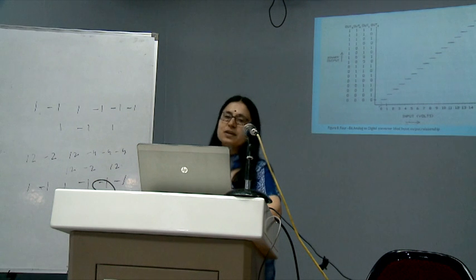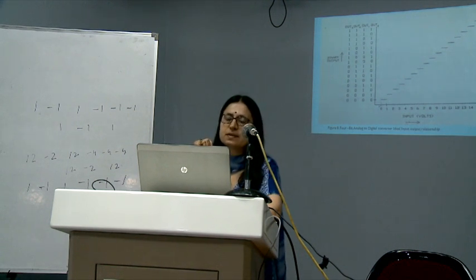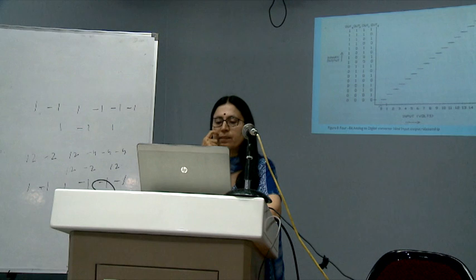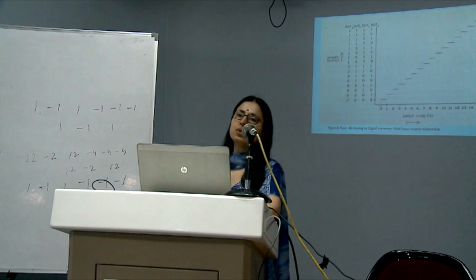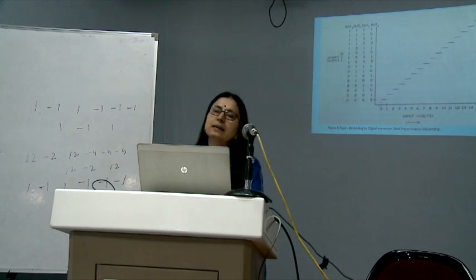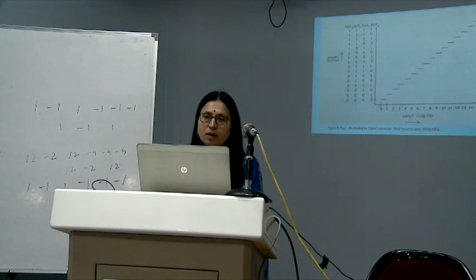Another application of the Hopfield network is that it can be used for analog to digital conversion. Say we want to make a 4-bit analog to digital converter. Analog to digital converter means that the input will be analog and the output would be digital.